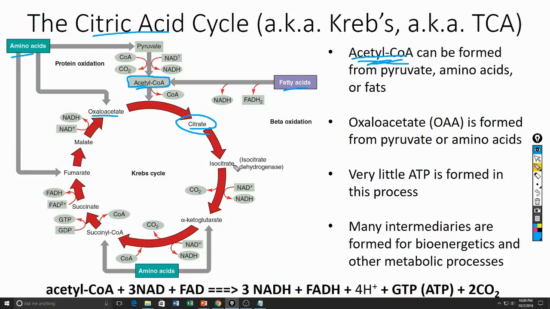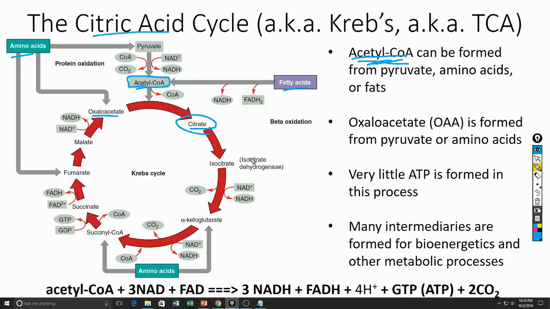We're going to talk about it from a bioenergetic perspective, but realistically, you get parts for DNA, parts for cellular regulation, and parts for building muscle. We have a lot of intermediaries for a lot of different processes being produced within this cycle. So just understand that what we're talking about is a very small part of why this is relevant to the body.